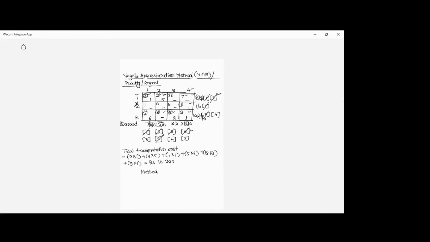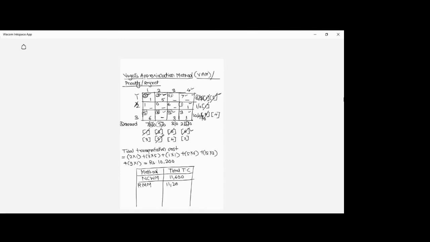So now just for your understanding, total transportation cost. We have calculated the total transportation cost for the northwest corner method, and it came out to be 11,600. We have done it for the row minima method, RMM, I will be writing the short form.